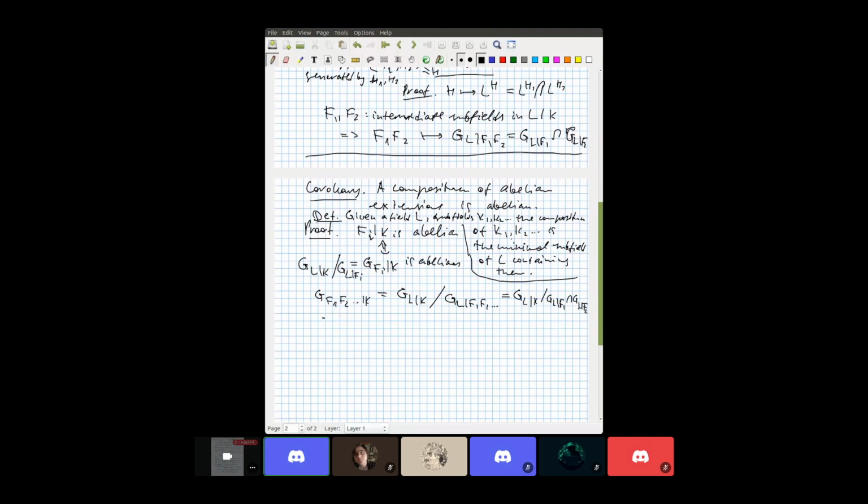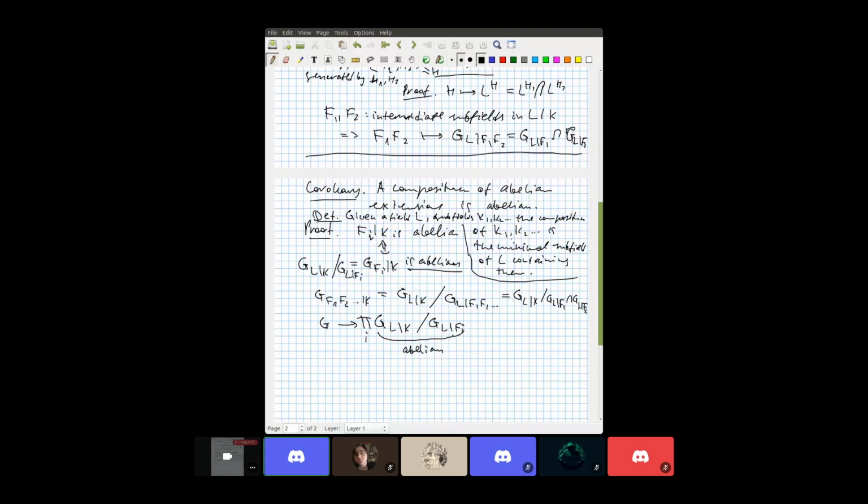So you can consider the map from G(L over K) to the product of G(L over K) modulo G(L over Fi). Let me write this product. This is abelian because our extension is abelian.